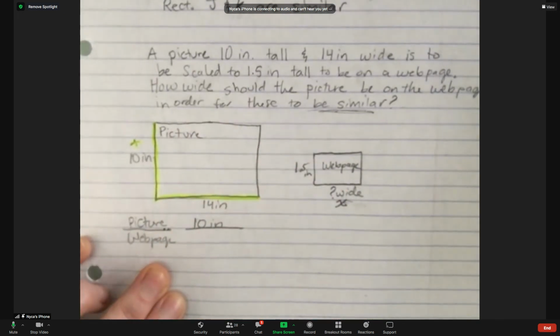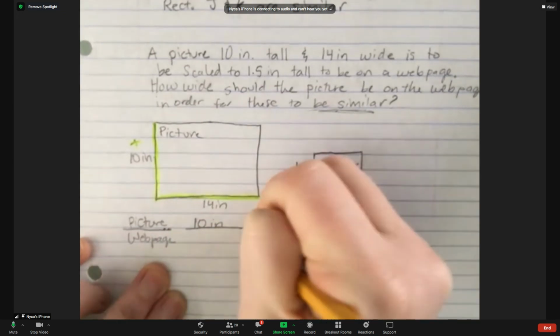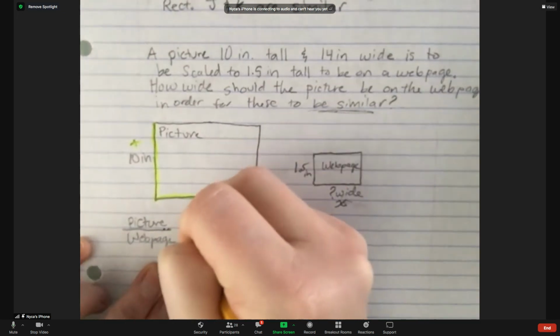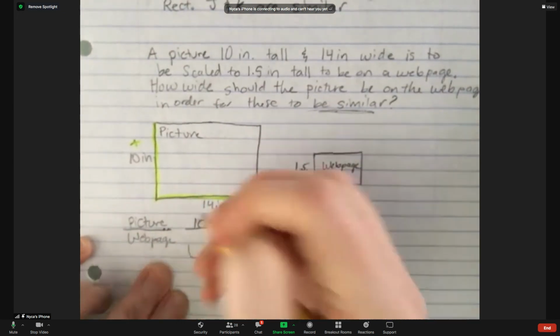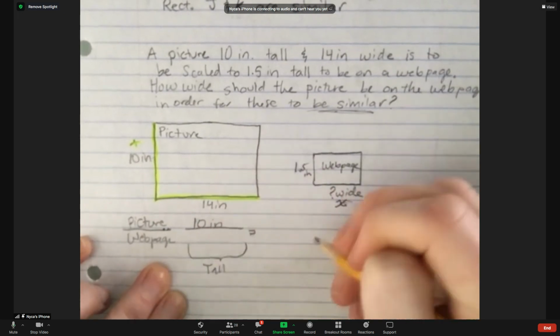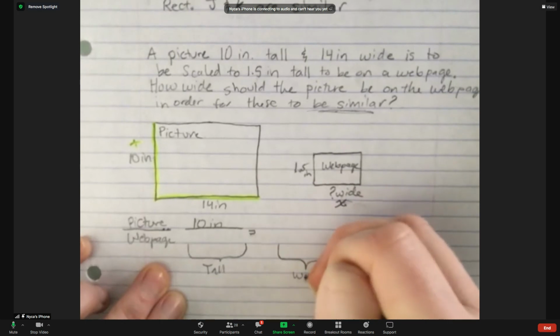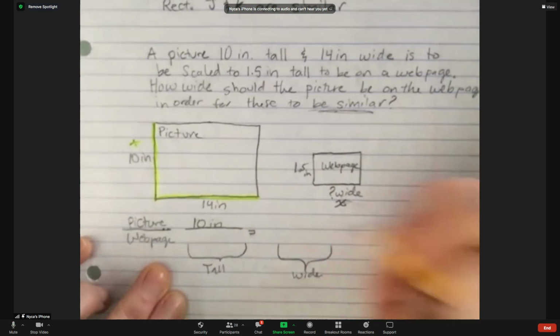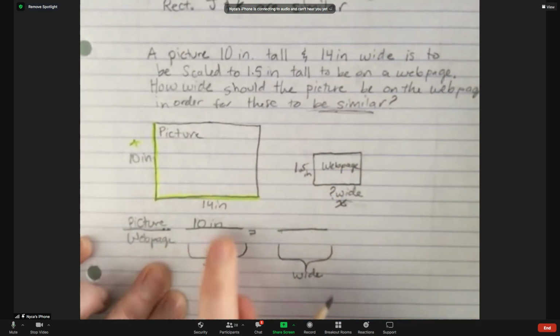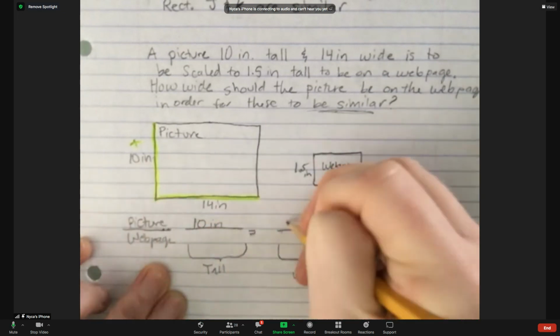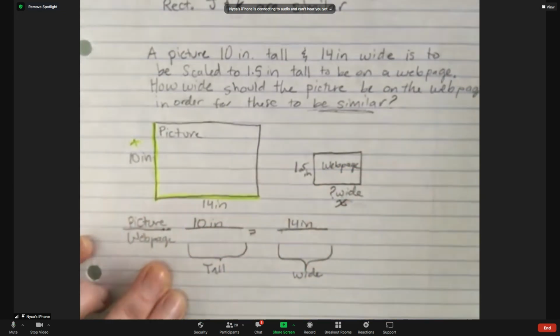Okay, and so the first fraction is going to be for the tall, and the second fraction is going to be for the how wide. Okay, so it's 10 inches tall and it is 14 inches wide.